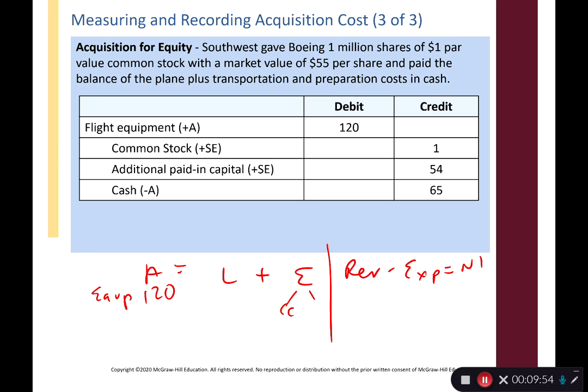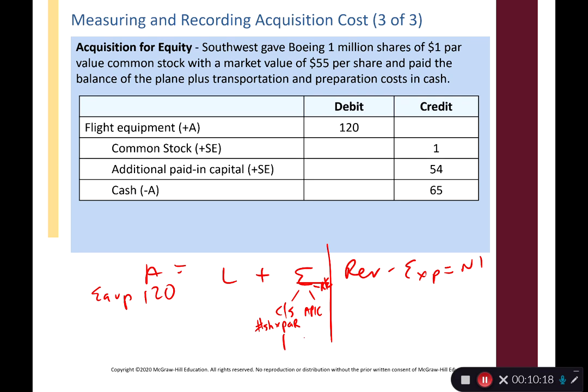have under our equity, we've got common stock and additional paid-in capital. We also have retained earnings hanging out, but it's not going to be affected by this transaction. Remember from Chapter 2, the number of shares times par goes into the common stock. So 1 million times $1 would be 1 million.